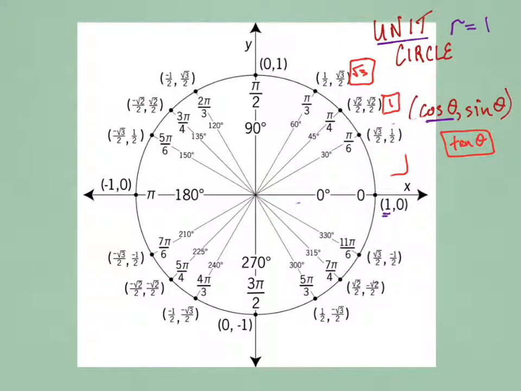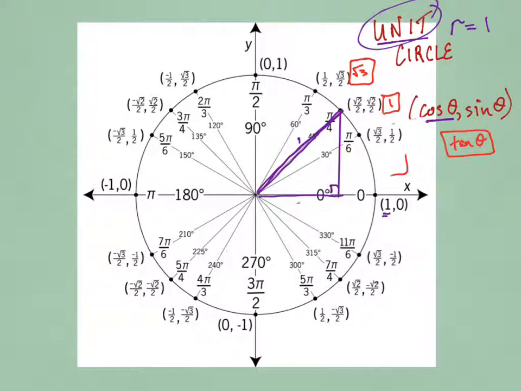So let's look at the 45, 45, 90 triangle. If I drop this one right straight down, here's my 45, 45, 90 triangle. And what's the hypotenuse on that triangle? 1. It's always going to be 1 because it's a unit circle. Okay.